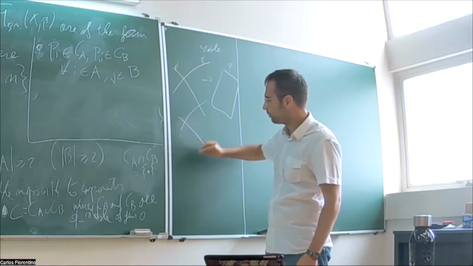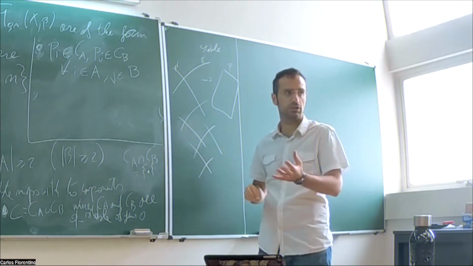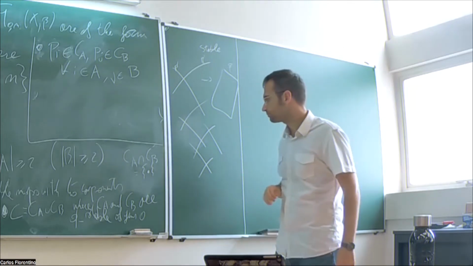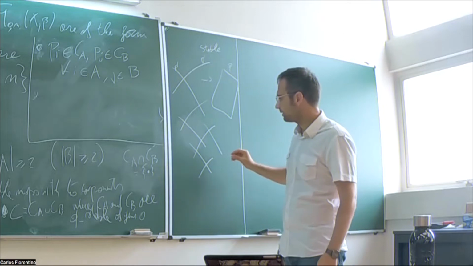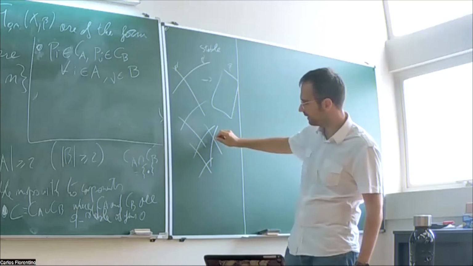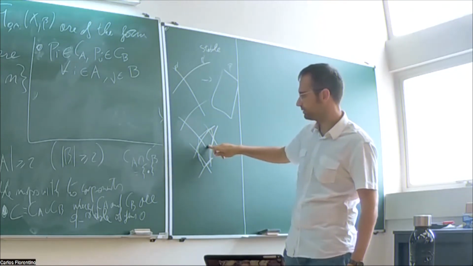The domain can be quite complicated, but we don't care because we just want stability. As long as it's stable, it's okay. And there cannot be loops. So I cannot do something like this, because if I have a loop, the genus is 1.